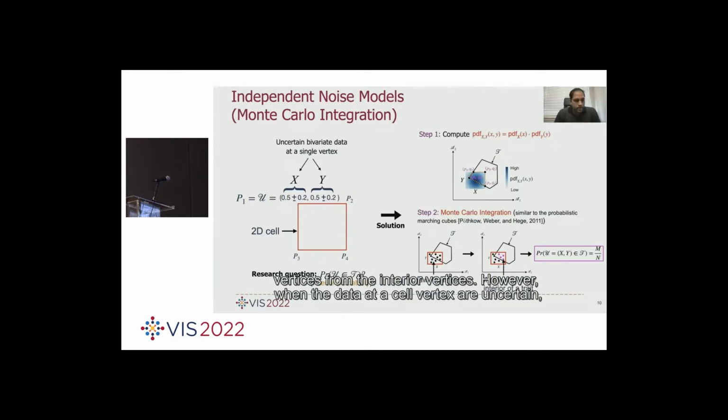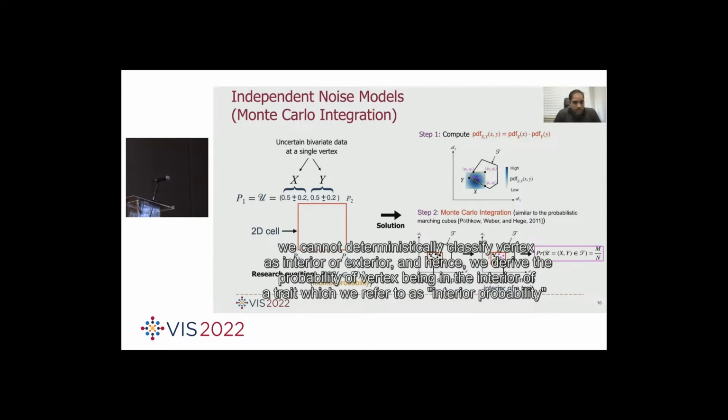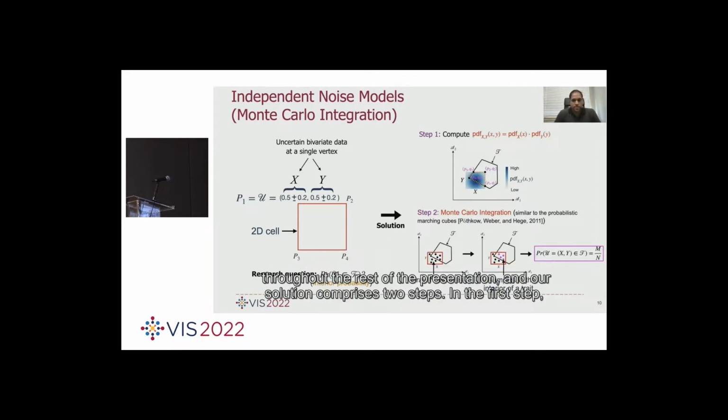However, when the data at a cell vertex are uncertain, we cannot deterministically classify the vertex as interior or exterior, and hence we derive the probability of the vertex being in the interior of a trait, which we refer to as interior probability throughout the rest of the presentation.